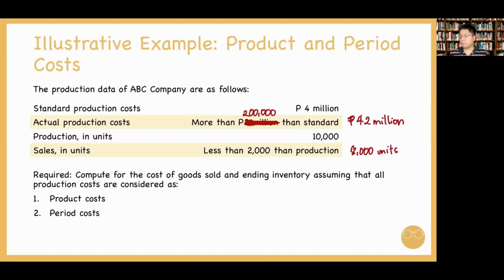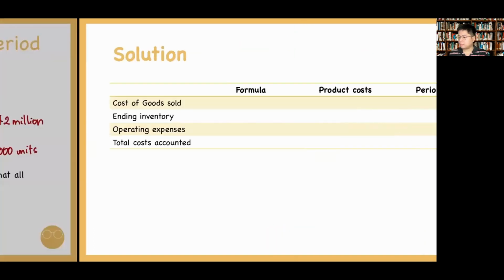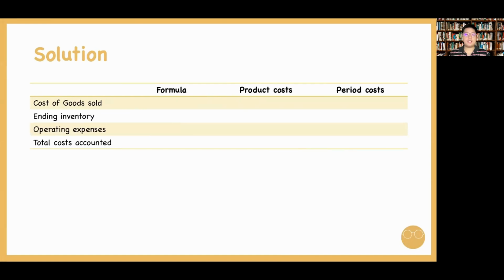We are required to compute for the cost of goods sold and ending inventory, assuming that all production costs are considered to be product cost and period cost. If you're trying to solve this kind of problem, keep in mind that management accounting uses the standard costing system. Hence, the computation of unit cost is based on the standard cost.